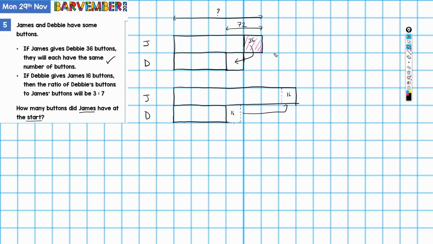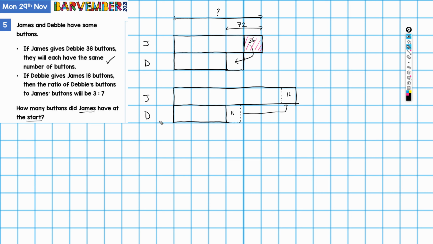So what do we know about that? Because we know that in the original scenario, there was a difference of 72 between James and Debbie. Well, where can we draw that here?